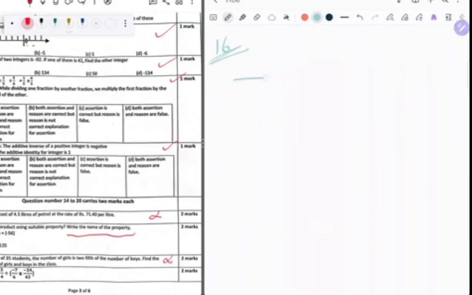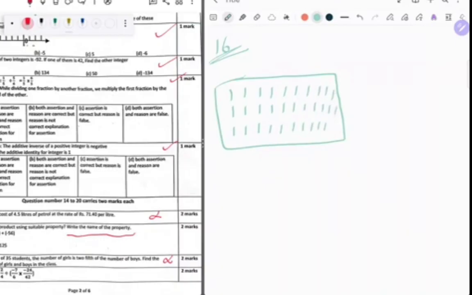So I need you to put a class and put 35 students in it. So 1, 2, 3, 4, 5, 6, 7, 8, 9, 10, 11, 12, 13, 14, 15, 16, 17, 18, 19, 20, 21, 22, 23, 24, 25, 26, 27, 28, 30, 31, 32, 33, 34, 35. Okay, 35 students.